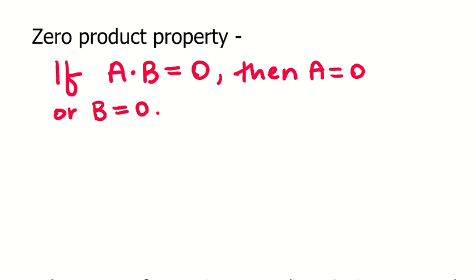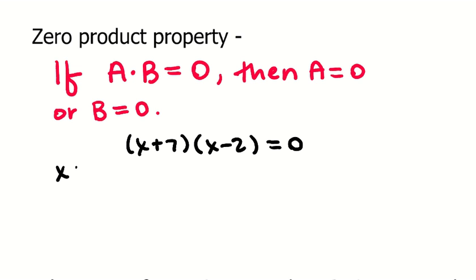So going back to that previous example, we were at x plus 7 times x minus 2 equals 0. When I had just a bunch of things added together, I wasn't able to just solve for x. But now when I have two things multiplied together and equaling 0, now I'm ready to go. If these two things are multiplying together to equal 0, one of them has to be 0.